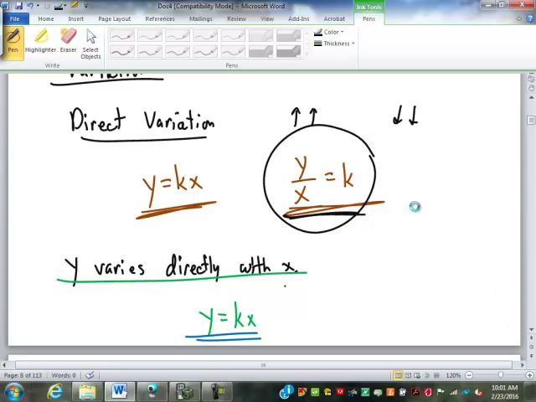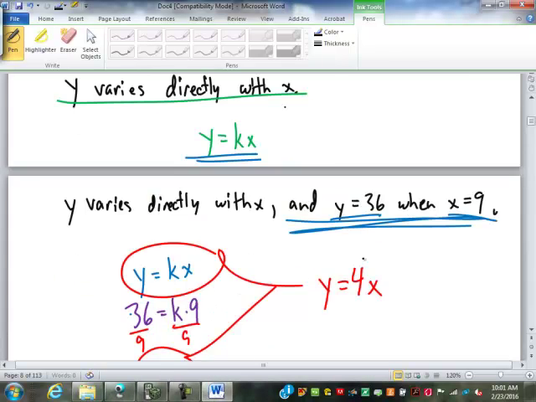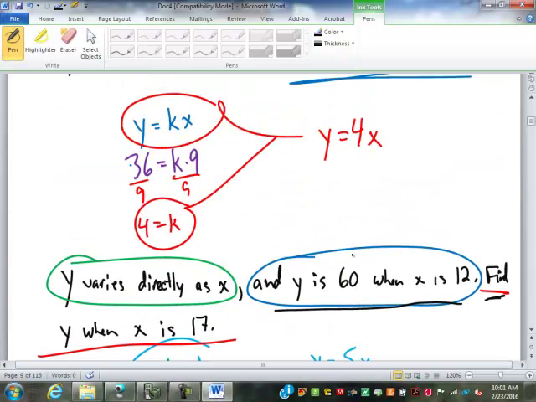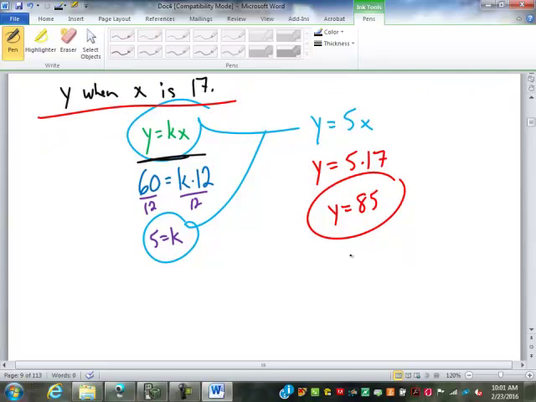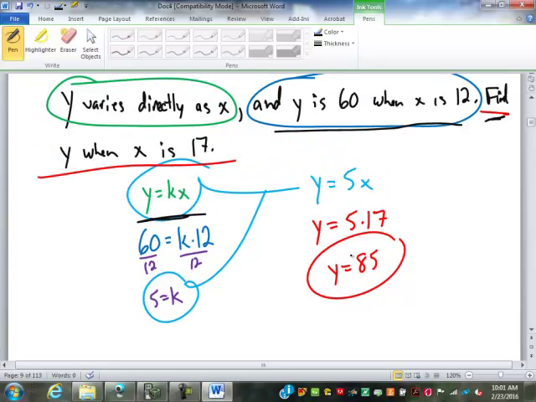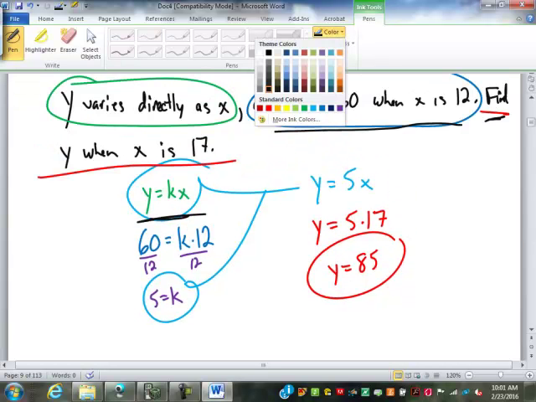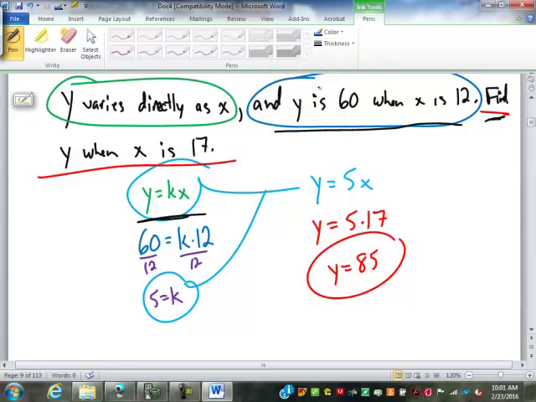This can actually be quite useful for the last couple of problems we did, or at least for ones like this one, where we're looking for y. If I know an initial condition and I know it's just going to be a proportional relationship like this, if y is 60 when x is 12, I know that that's going to equal my constant. Y over x equals k.